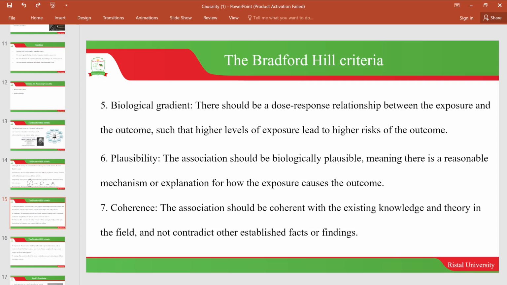That means that the reasoning is plausible. If you talk about a particular factor causing a particular health outcome, and then you explain it, and I believe it, I will say yes, that reason is plausible. That means that biologically that can really happen, or scientifically that is believable. It is very reasonable. That is about plausibility.